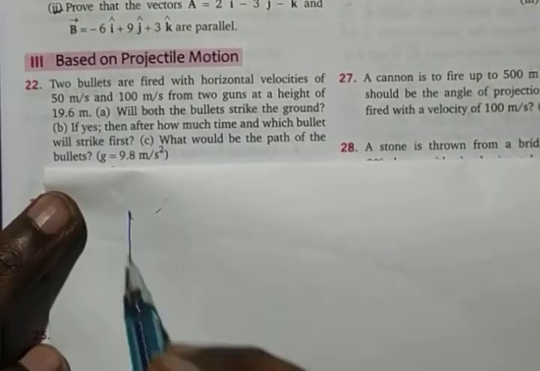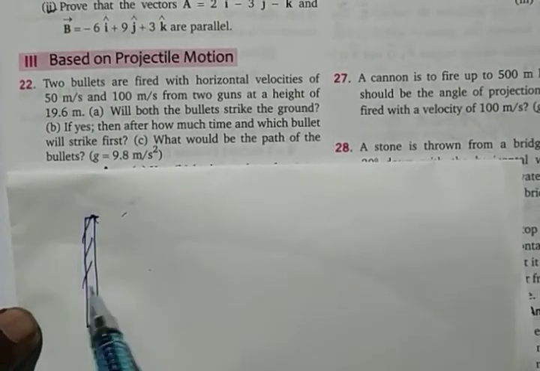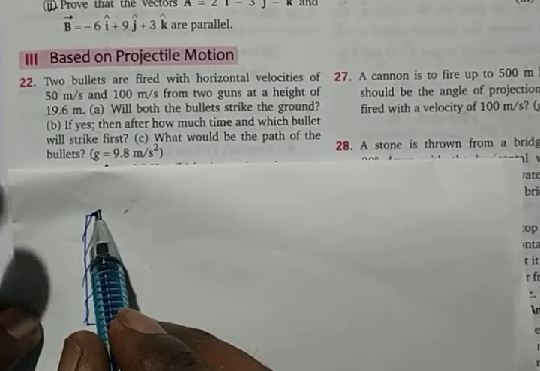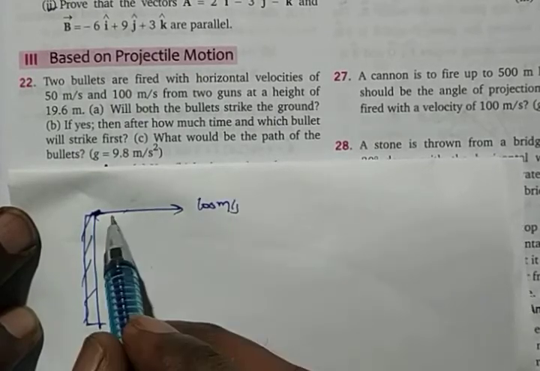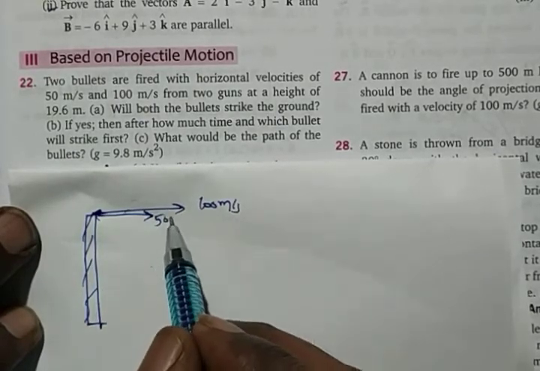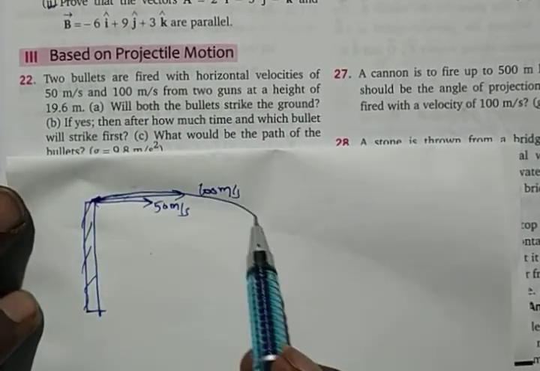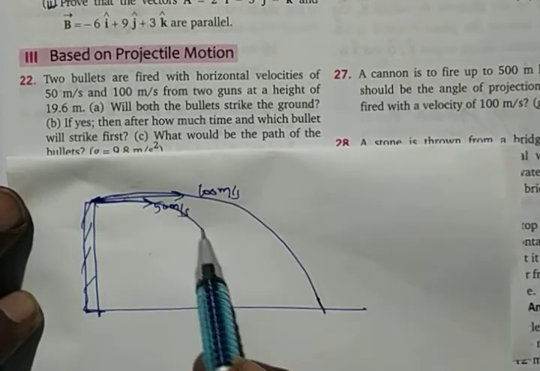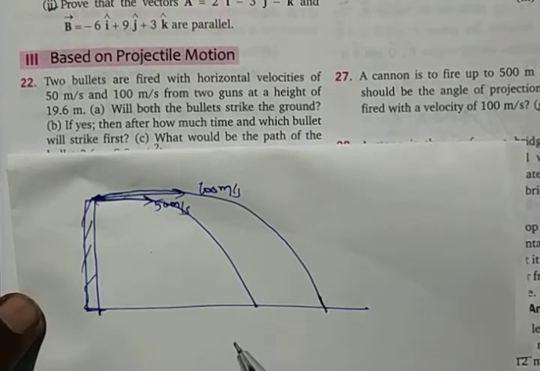So there is a height, and from this height the bullet is going to be fired. One is coming with a 100 speed and the next one with a 50 speed. So the 100 speed one will go further and come down like this, and the 50 will come down like this. So there will definitely be two ranges.